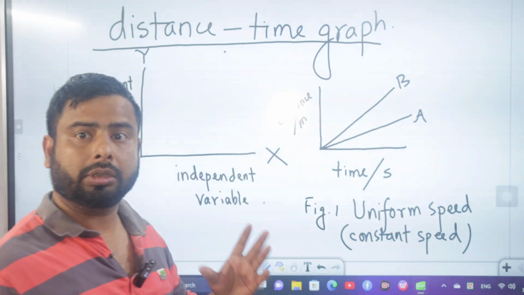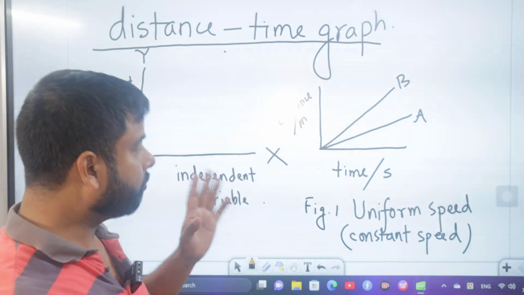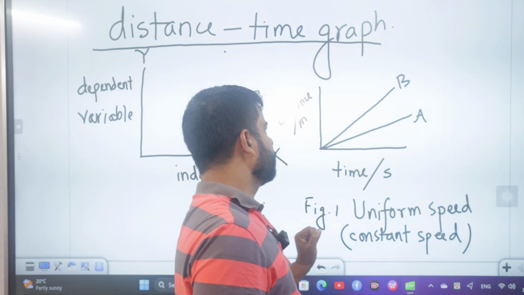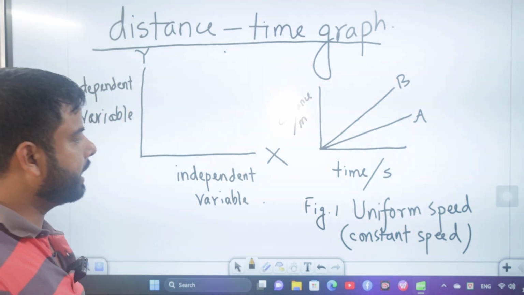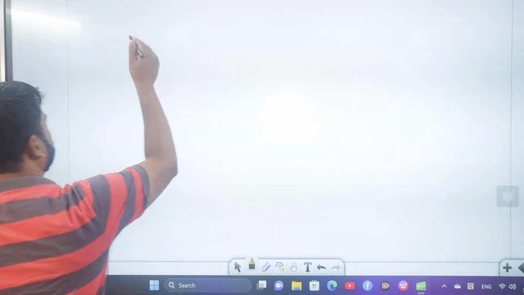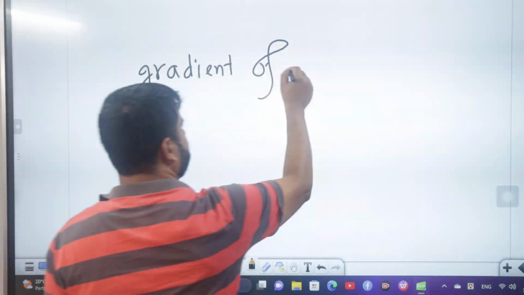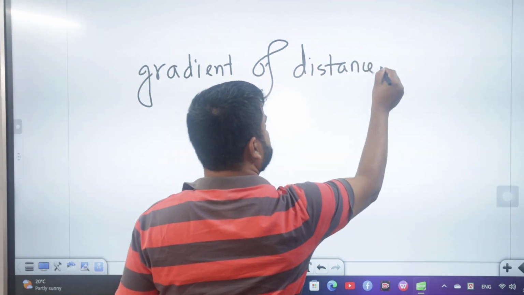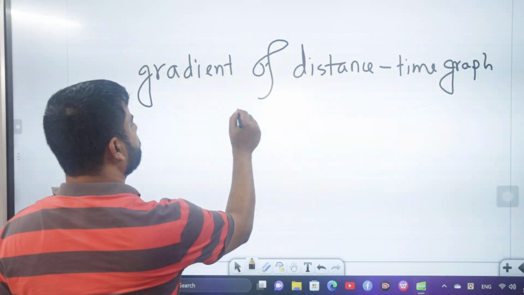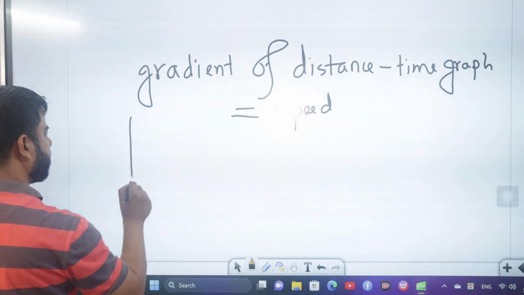Say A and B, the distance time graph for two cars, car A and car B. From this graph, it is observed that the speed of car A is less than the speed of car B. So remember, the gradient of the distance time graph equals speed.